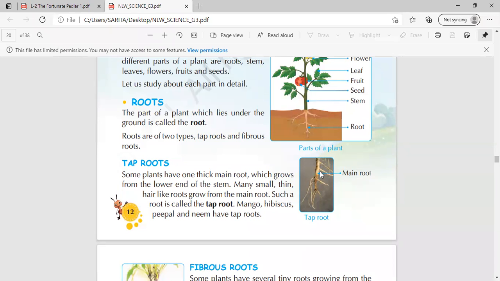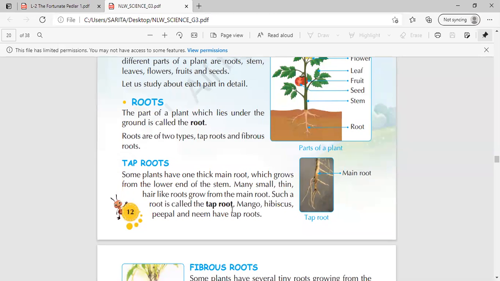Look here. These small, tiny and hair-like roots grow from the thick root. This type of root is called taproot.